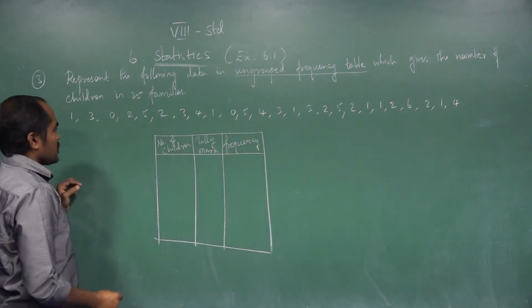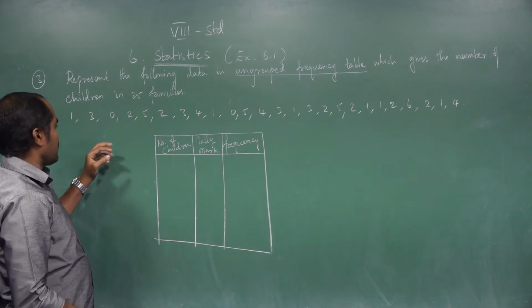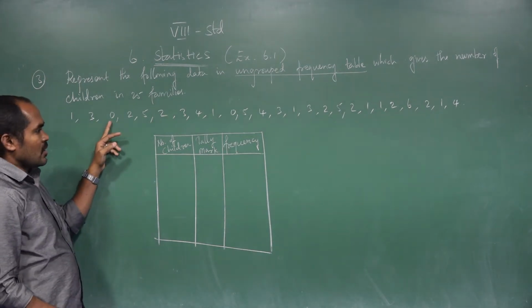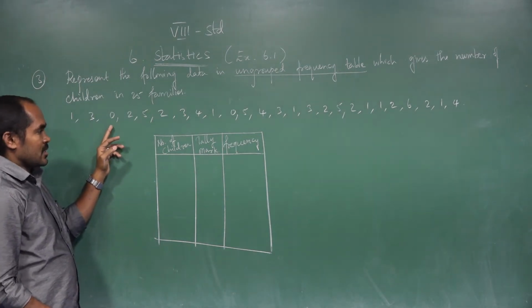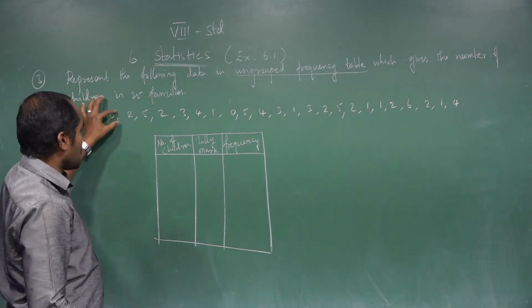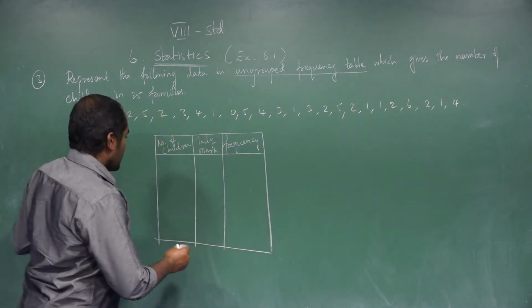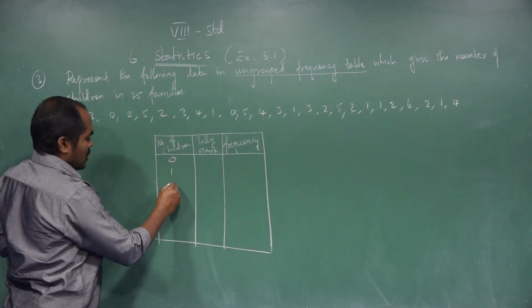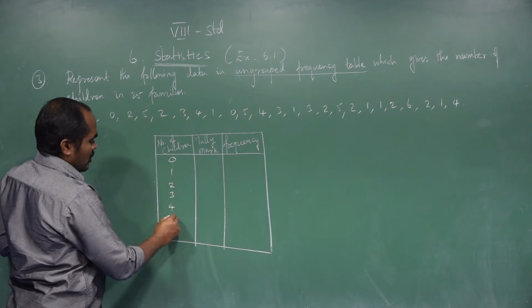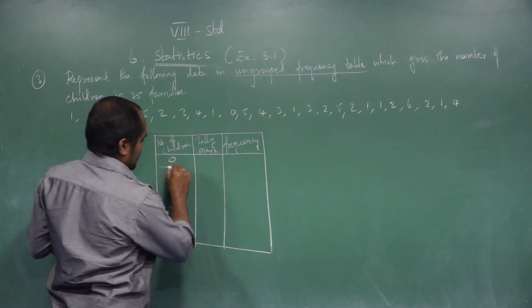The least value is 0 and the largest is 6. So we write here 0, 1, 2, 3, 4, 5, 6.